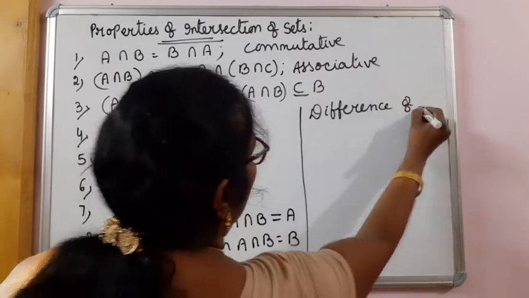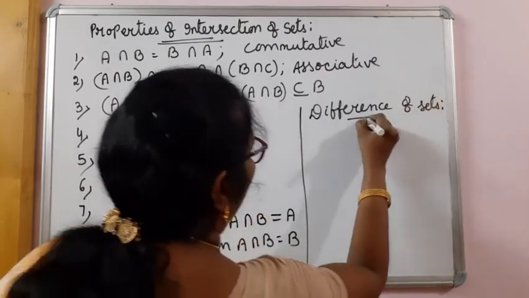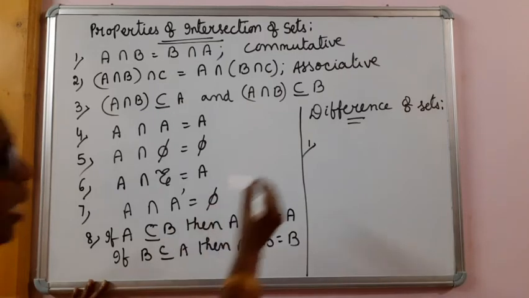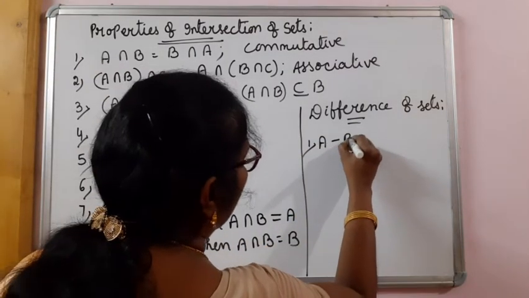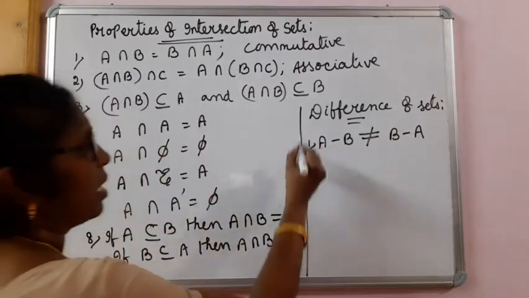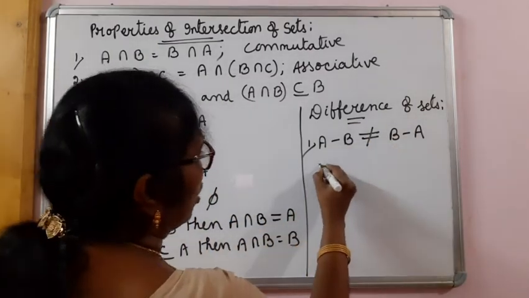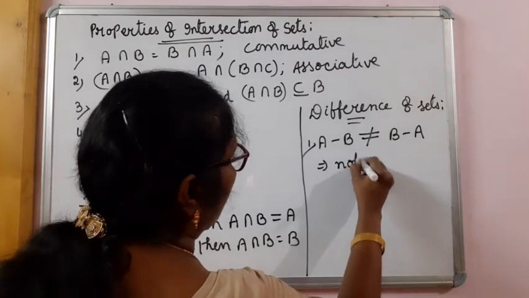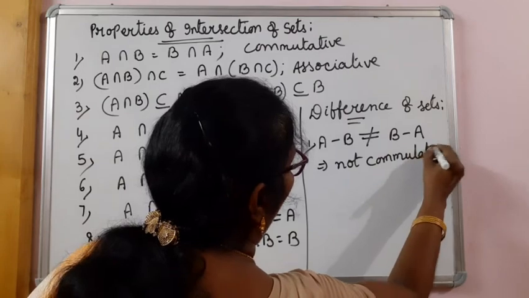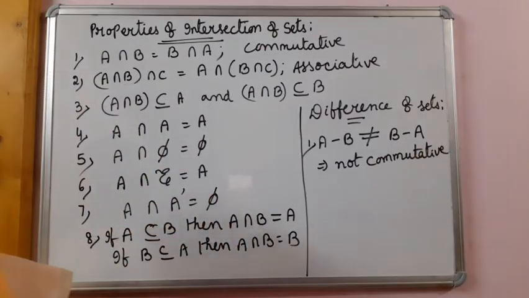For two sets A and B, A minus B is not equal to B minus A. That means this is not commutative. Difference of two sets is not commutative. It means here the order is very important.